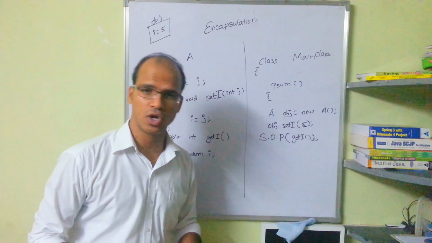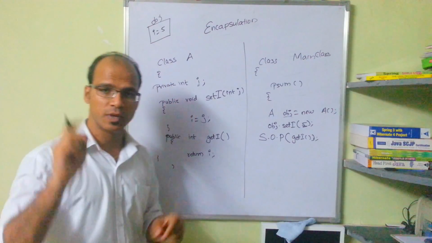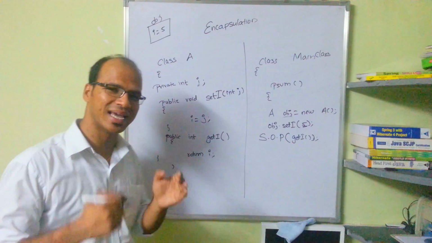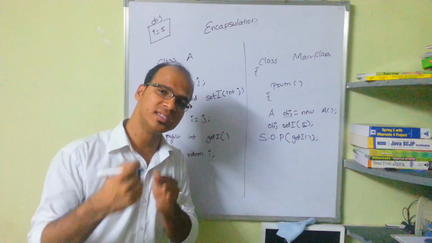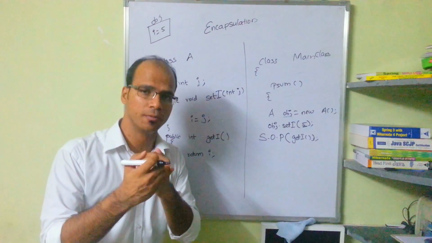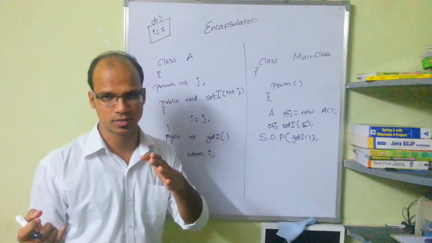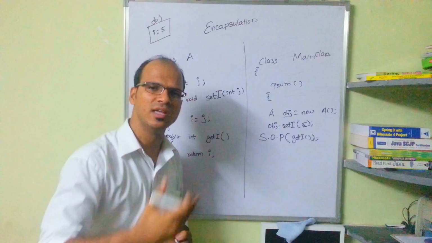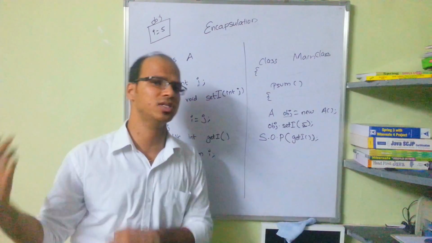So for encapsulation, your variables should be private. Next, with those variables, you should have getters and setters. How many getters and setters? The number of variables. So if you have 4 variables, you require 4 getters and 4 setters. It depends, though. Sometimes you don't have to set the value, so in this case you can skip your setters.